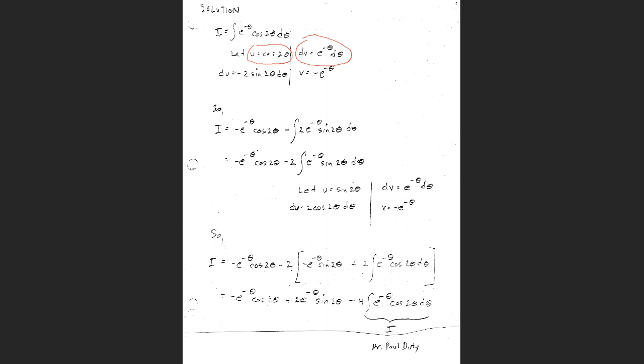Sometimes it doesn't matter, but when you do your assignment of u and dv, after one iteration you're going to get an integral when you apply the formula.